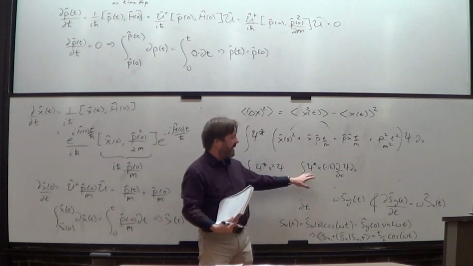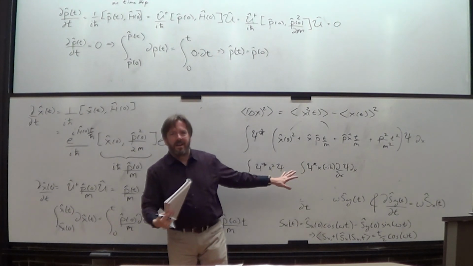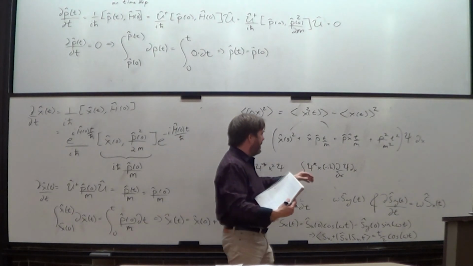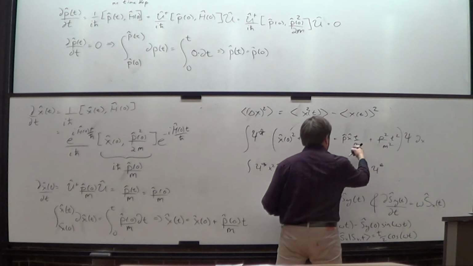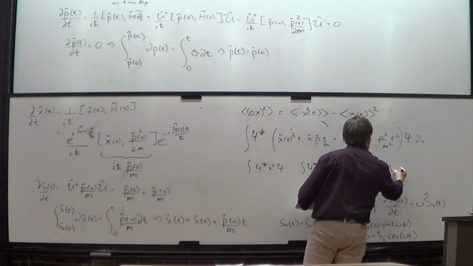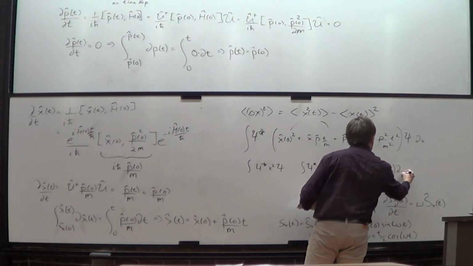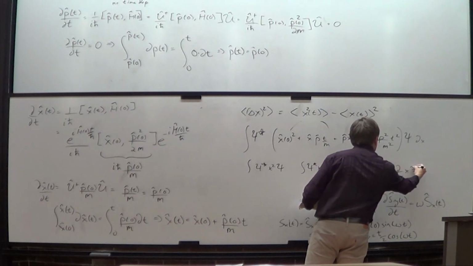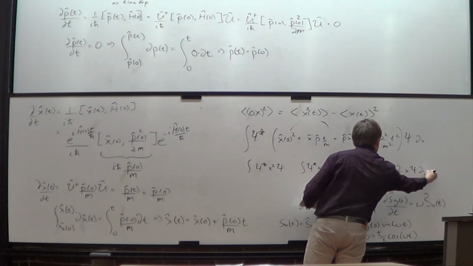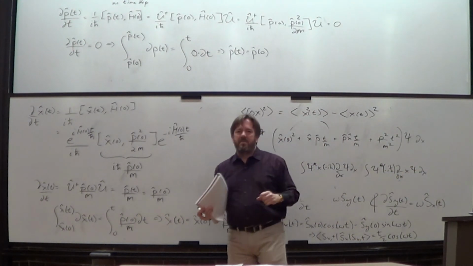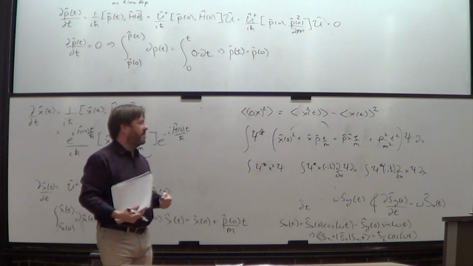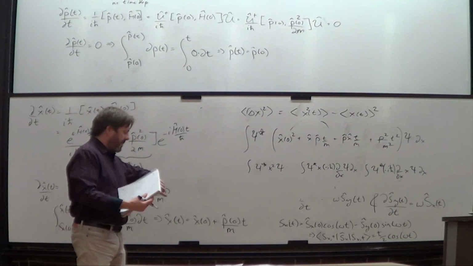Again, I know this looks hideous, but in Mathematica, once you get it set up right, it's all quite easy. Then you've got, for this one, on and on and on. And remember, p squared over m squared is minus h bar squared times a double derivative. Anyway, so that's how you solve that.